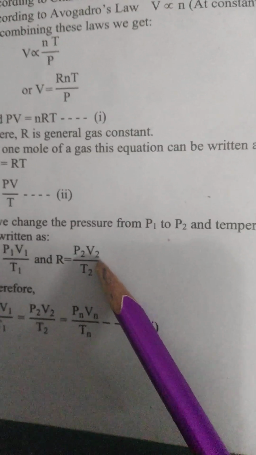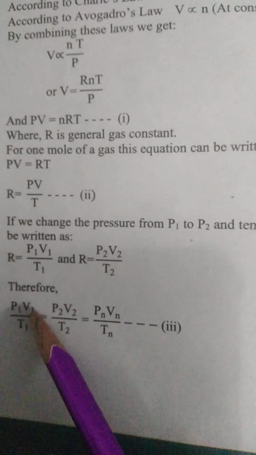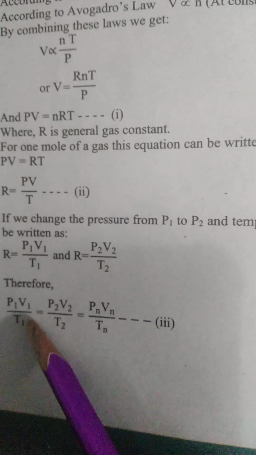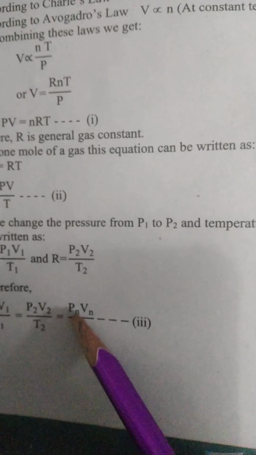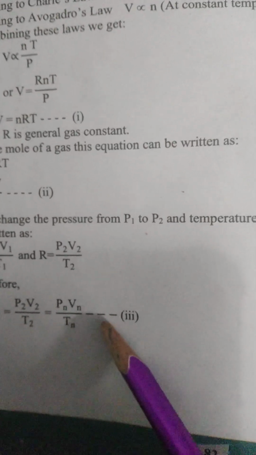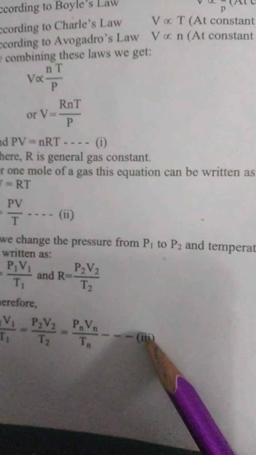Whatever the gases combined, the law will rule like that: P1V1 upon T1 equals P2V2 upon T2 equals PnVn upon Tn, and so on. It will continue.